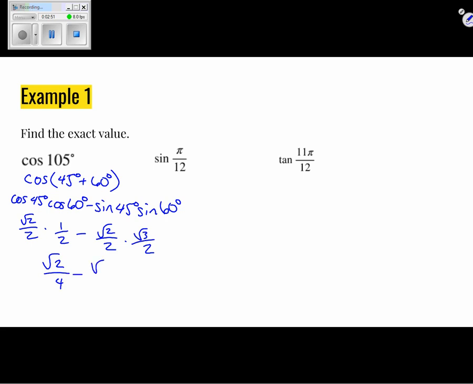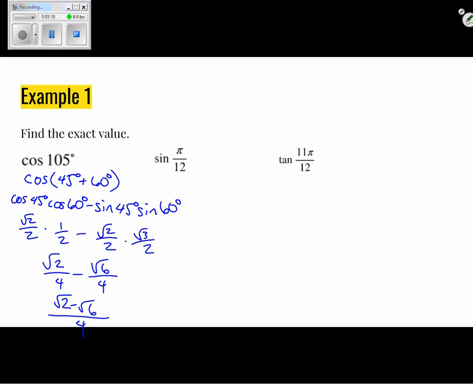I'm just going to do numerator times numerator, denominator times denominator. And this answer's fine. I tend to write everything as a happy family over the same denominator. So not nearly as abstract as what we were doing with the identities on the board the last couple days. So that's good.